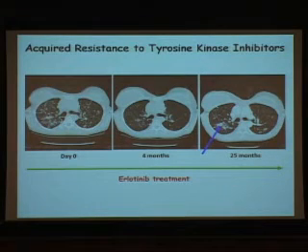So this is all great, but the problem is that patients who initially respond to treatment with these drugs almost inevitably develop acquired resistance to tyrosine kinase inhibitors. And these are images of the lungs from a patient who was treated with a tyrosine kinase inhibitor, initially responded, and then the tumor began to grow back.